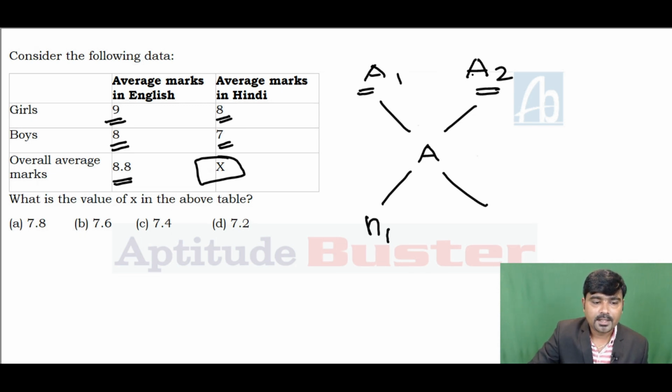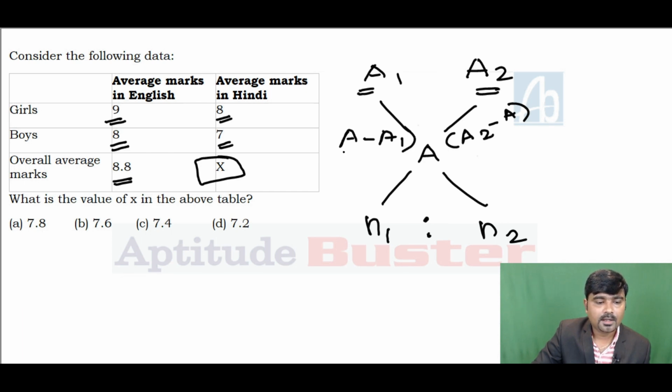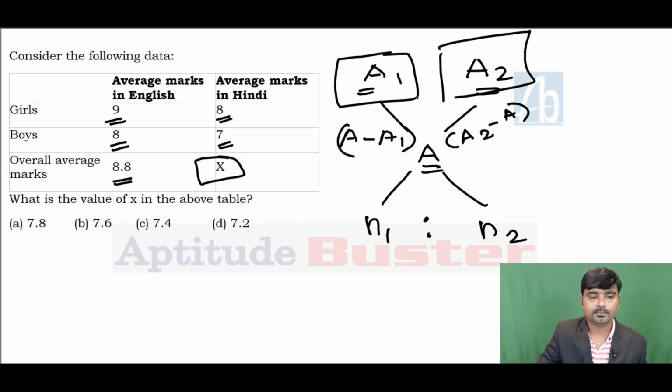N1 is nothing but A2 minus A. Next is N2. What's N2? N2 is nothing but A minus A1. Everyone knows this A value is in between A1 and A2. Using this you can find out the ratio of the number of boys and girls.